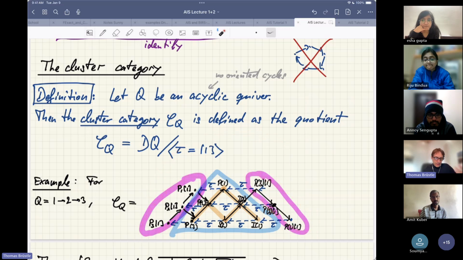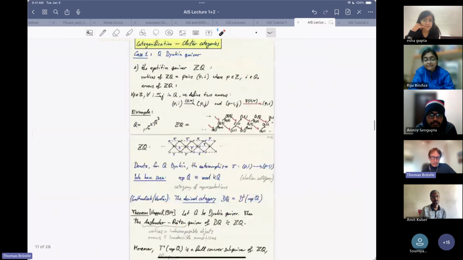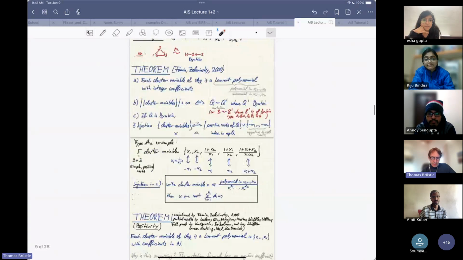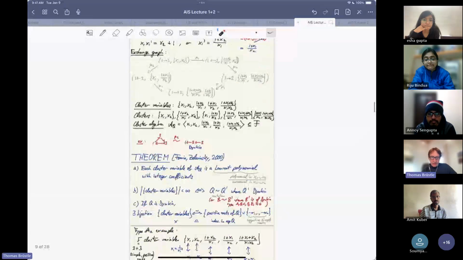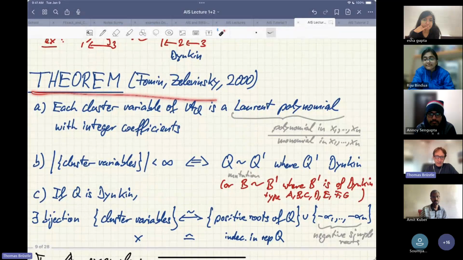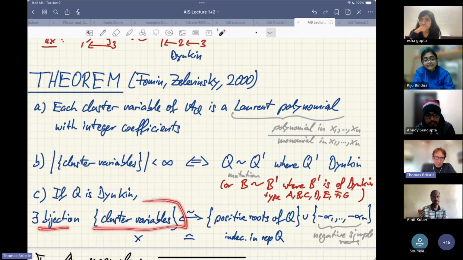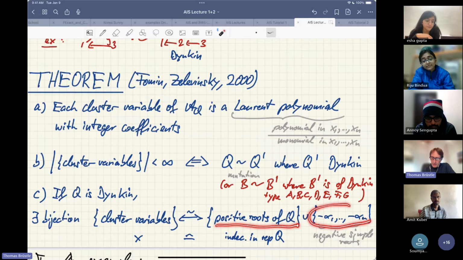So this fits very well with our original result of Fomin and Zelevinsky, the Fomin-Zelevinsky theorem, which I announced already, I don't know, on Tuesday or so: when we have a Dynkin quiver, there's a bijection between the set of cluster variables and the set of positive roots of the quiver and the set of negative simple roots. The positive roots correspond to the indecomposables in representations.